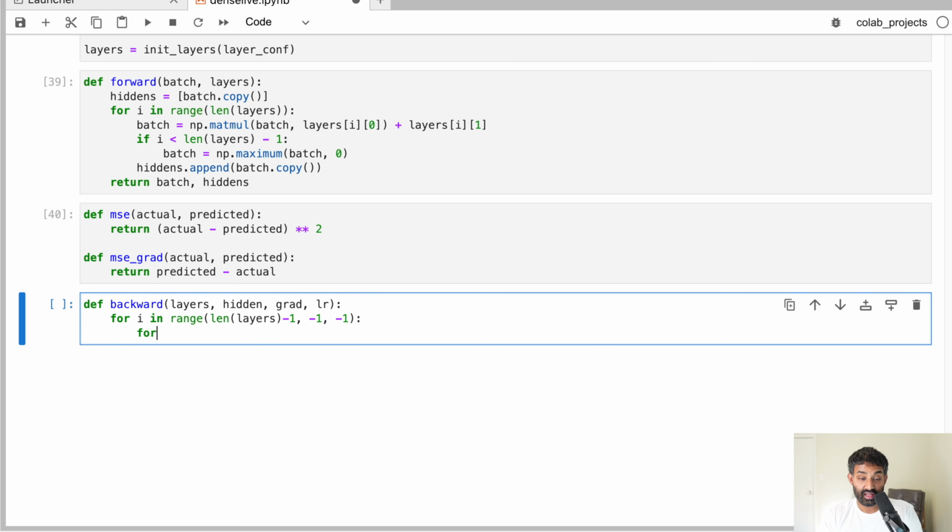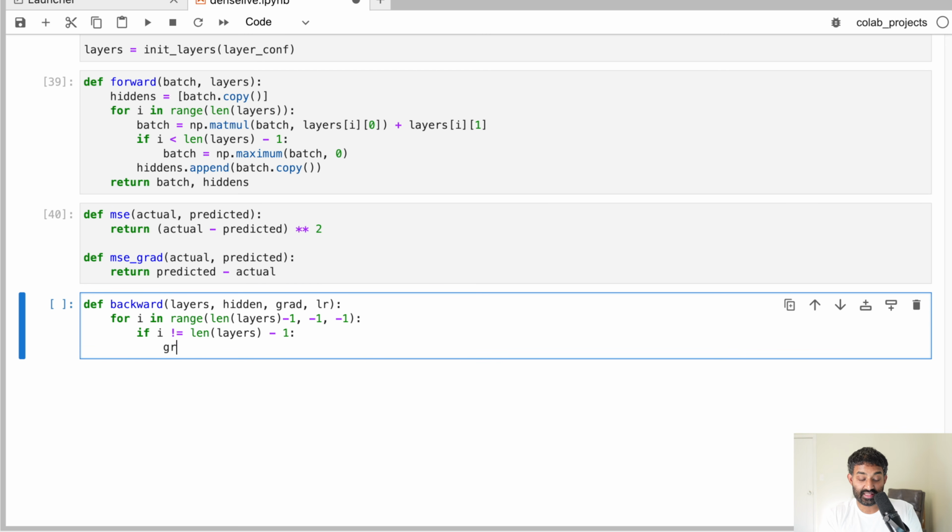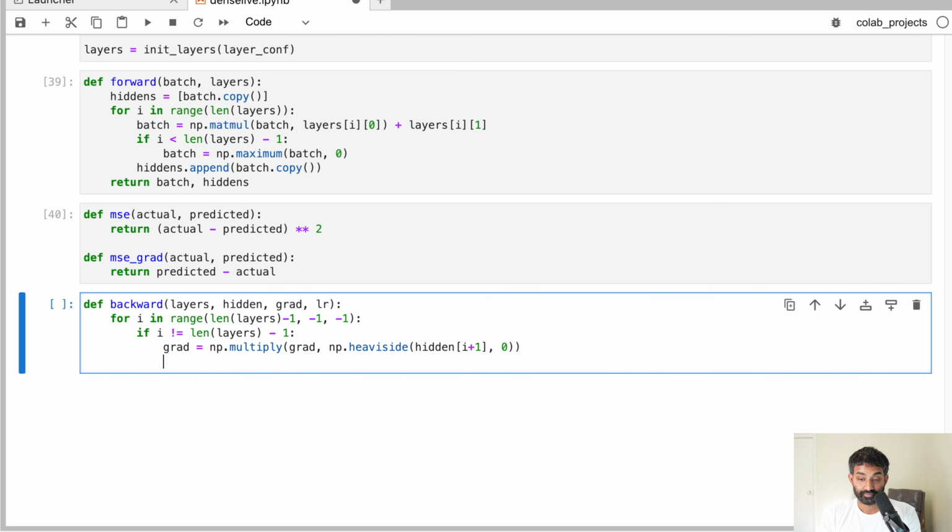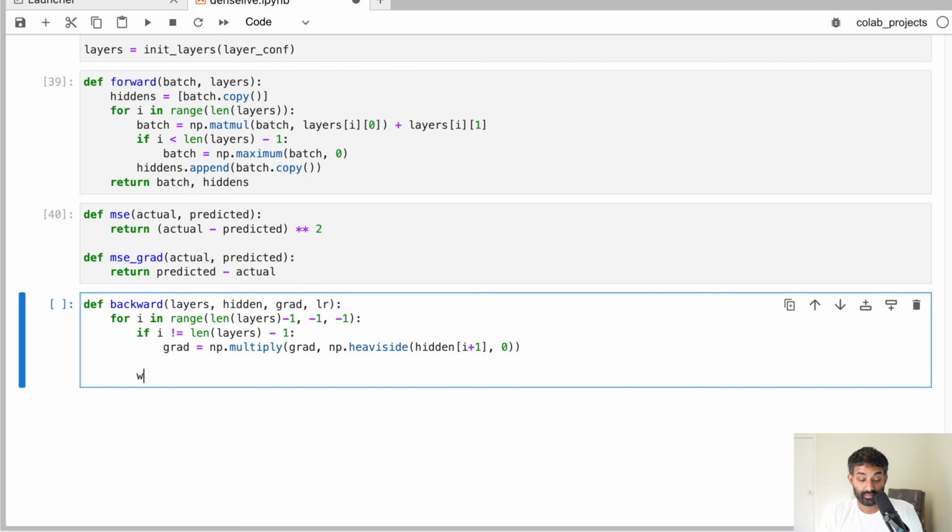And then we'll say if i does not equal len layers minus 1. So if we're not at the last layer, we'll actually undo the ReLU function. We're not applying the ReLU function at the last layer, but at all the other layers, we have a ReLU function to undo. All right, so that's just going to undo the ReLU function. So hidden will have one more element than our number of layers.